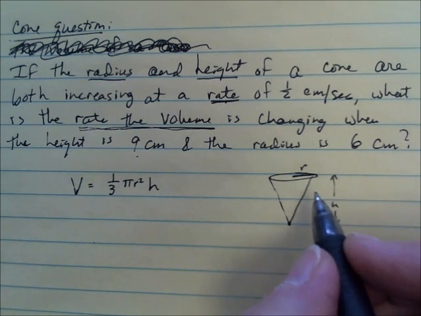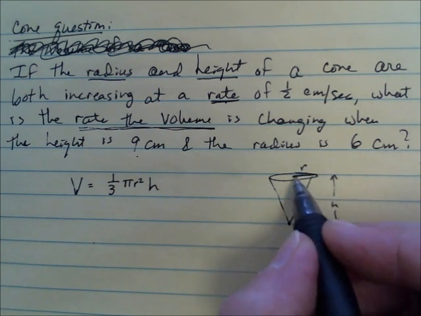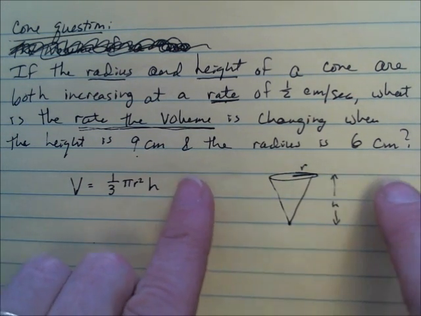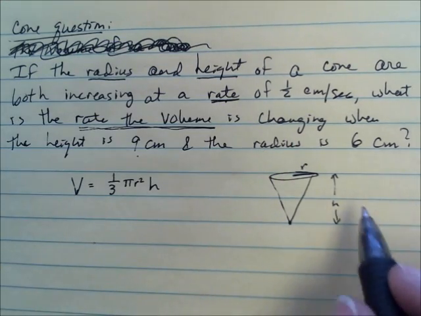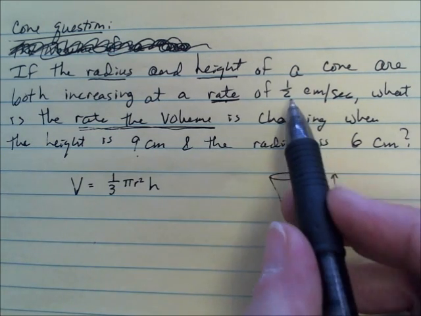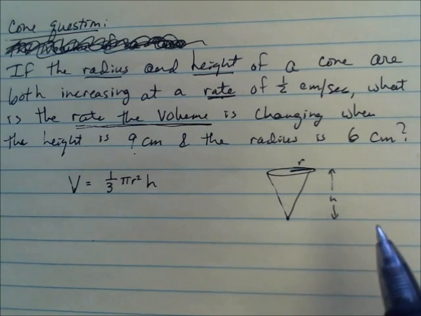And what's happening is that this radius is expanding, and so is the height. The height didn't have to expand as the radius expanded. It could have just been the radius expanding, or it could have just been the height expanding. But in this particular problem, both the radius and the height are expanding. And they really didn't have to be expanding at the same rate either, but they do in this problem.